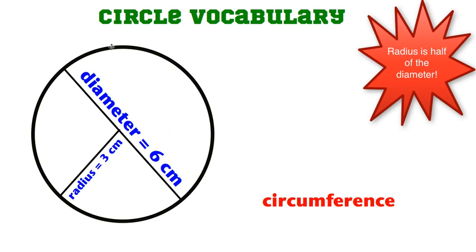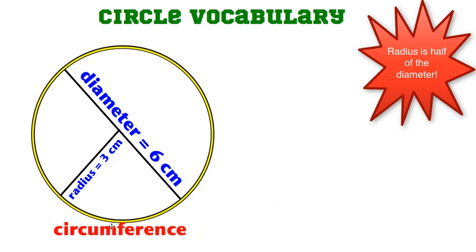Circumference is the distance around the outside edge of the circle. So all the way around, however many centimeters that is, or inches, or meters, or whatever we're measuring, and that is called the circumference. What I'm going to do now is take you to a vocabulary page where you're going to be able to write down some of these definitions in your notebook if you choose to do that.